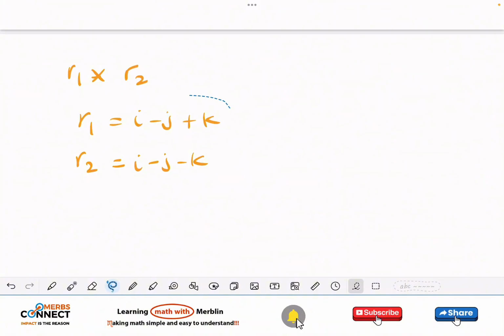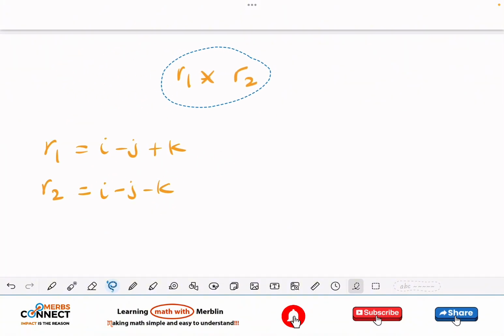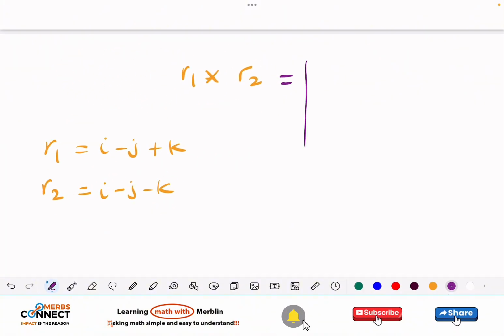So now, since we need the cross, this is going to be the determinant with i, j, k, 1 minus 1 1, and 1 minus 1 minus 1. So this becomes very simple for us to solve.